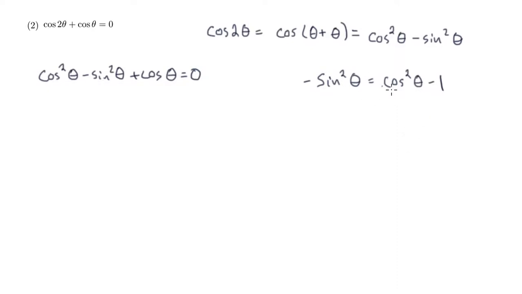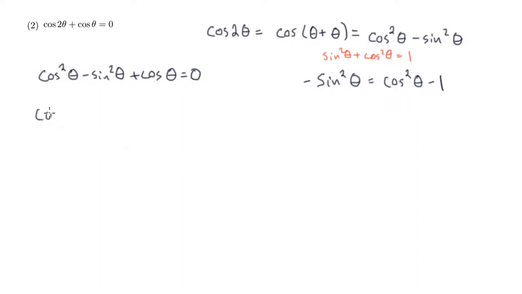And this is coming from the Pythagorean identity. I'm just rearranging this equation. Sine squared theta plus cosine squared theta equals 1. I just subtracted sine squared and then subtracted 1. So I can replace negative sine squared theta with cosine squared theta minus 1.